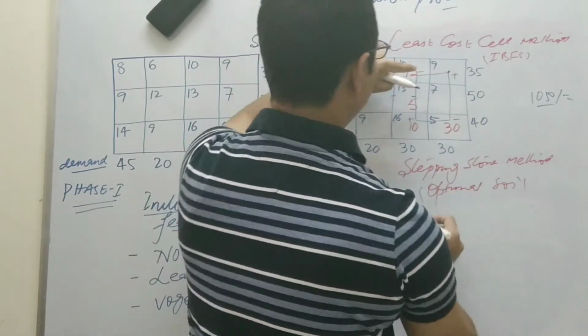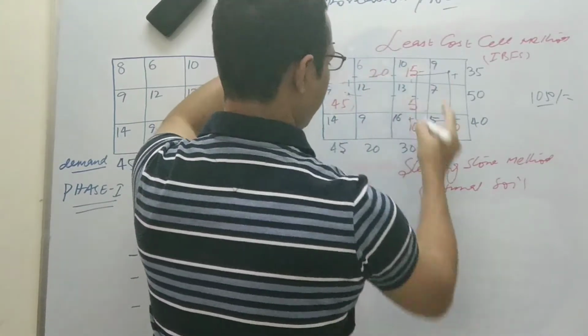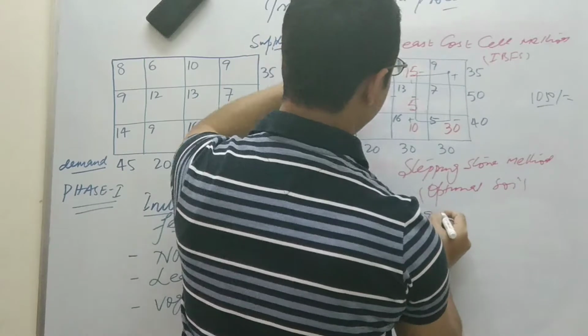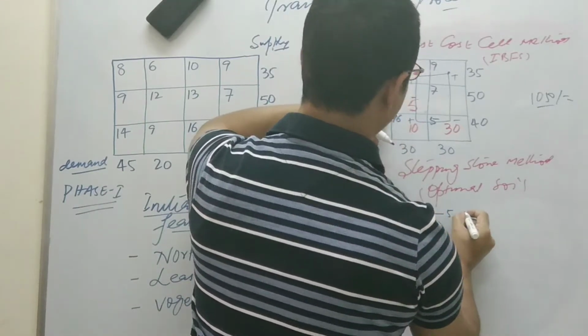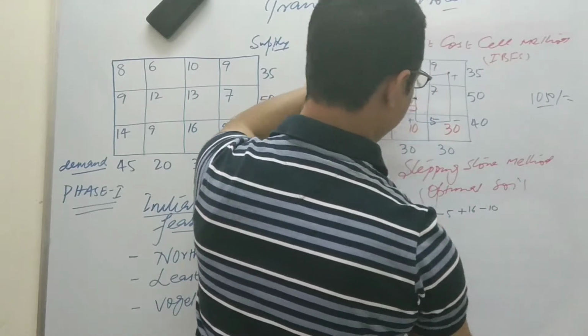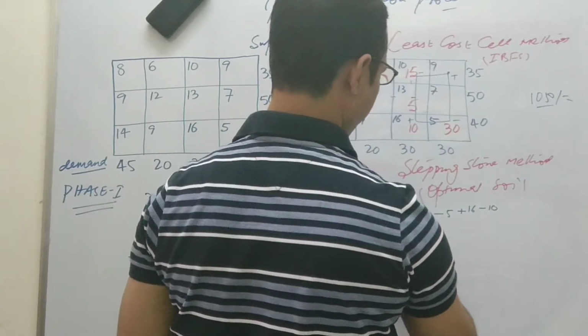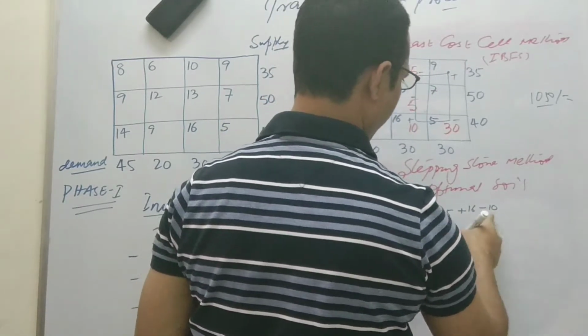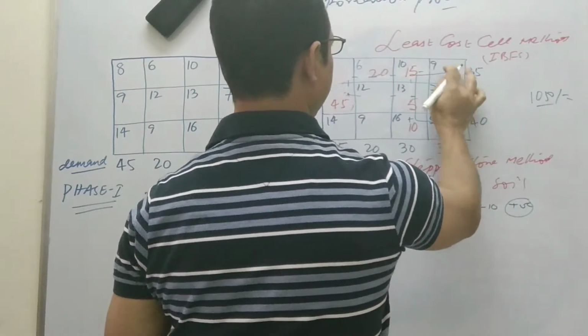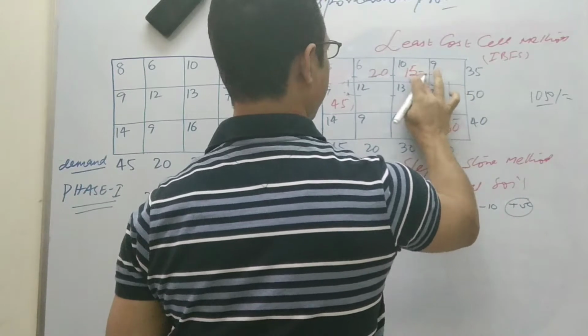So just check which cell, first, 1 4, I'm going to check. 9 minus 5 plus 16 minus 10. What is the result? 16 plus 9 is 25, 15, positive. This cell is not going to give any changes, because the result is positive.